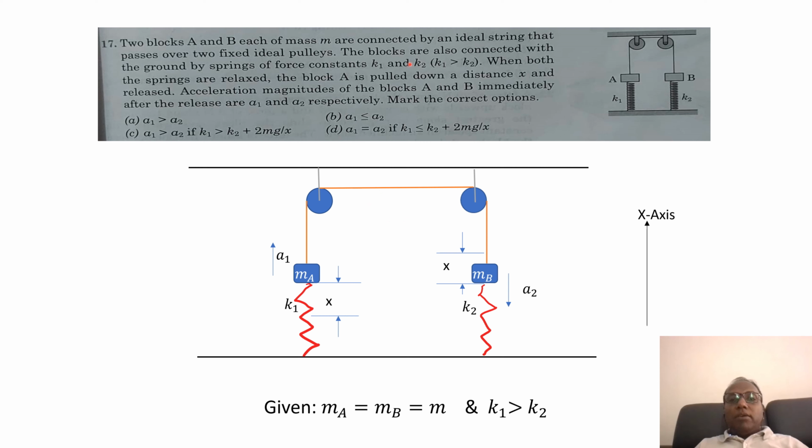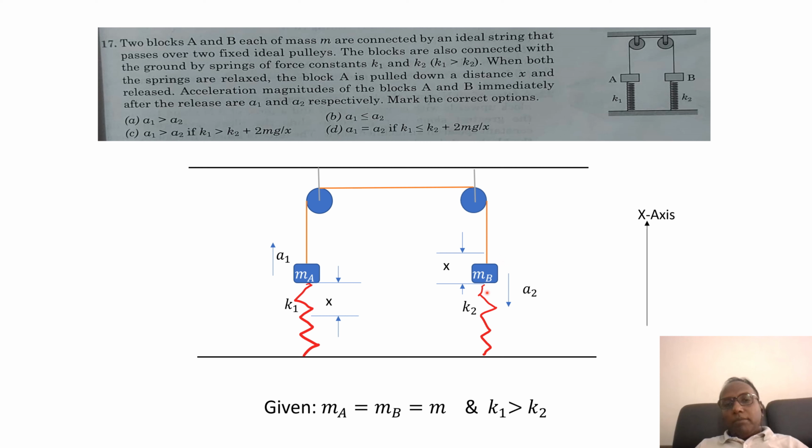So the blocks are also connected with the ground by springs of force constant K1 and K2, where K1 is greater than K2. So in this, block A is connected with a spring which is having a spring constant K1.